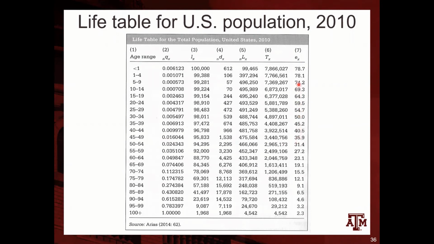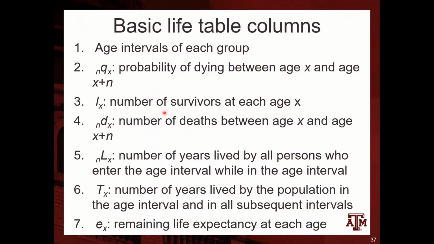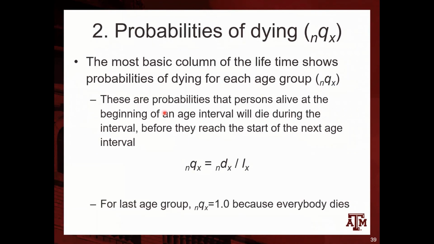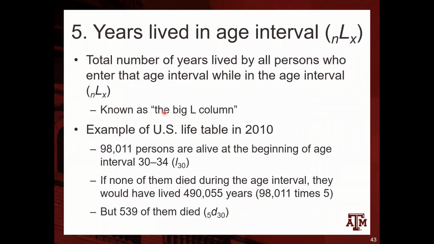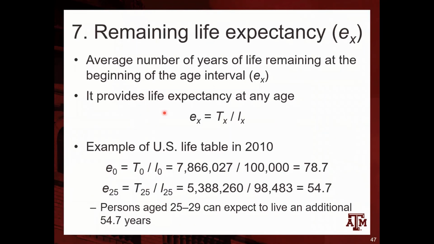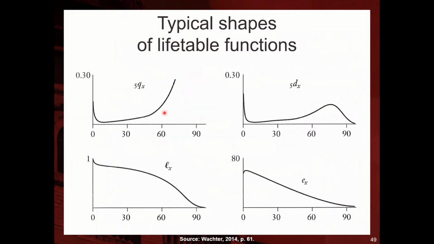So we get some bonus years of life here as we survive the chance of dying in previous age groups. And that's the X plus EX column.